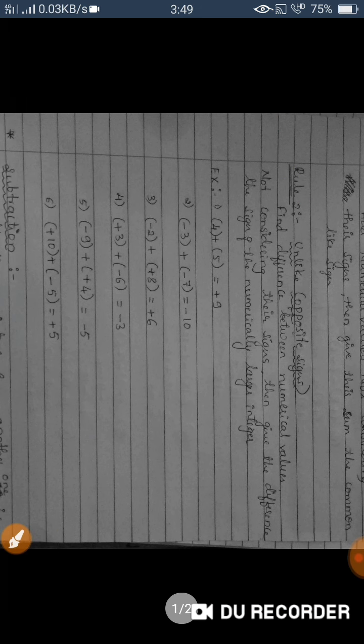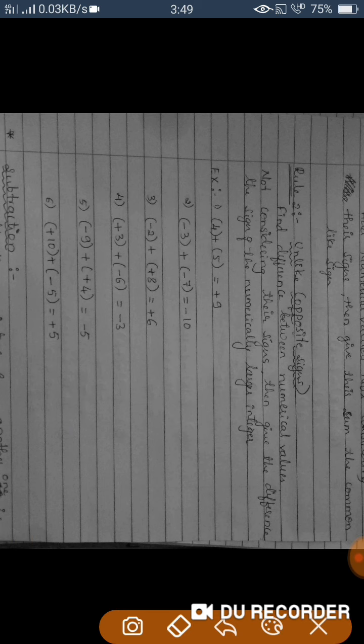When unlike integers are there, find the difference between the numerals. That means without considering the sign, just subtract the numbers, and give the difference the sign of the larger integer.